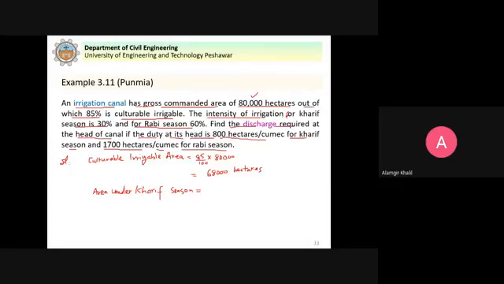The intensity of irrigation, it means the area that has to be irrigated for Kharif season, is 30%. So this will be equal to 30 divided by 100, or 0.3. This is now multiplied with the cultivable irrigated area, 68,000 hectares.